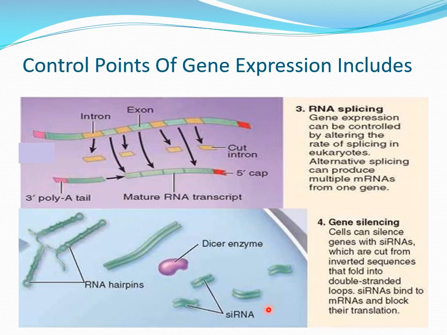Or there are certain special types of RNAs, like the small interfering RNAs or the microRNAs present within the cytoplasm, which form complementary base pairs with the messenger RNA, and thus it is made unavailable for translation. So this type of gene silencing is also made use of to regulate gene expression in eukaryotic cells.